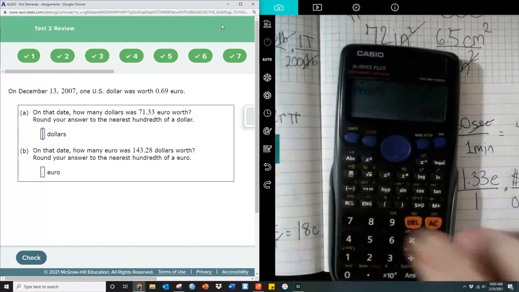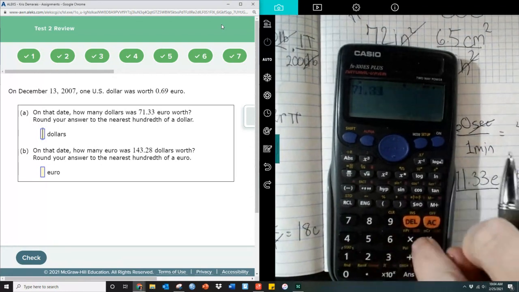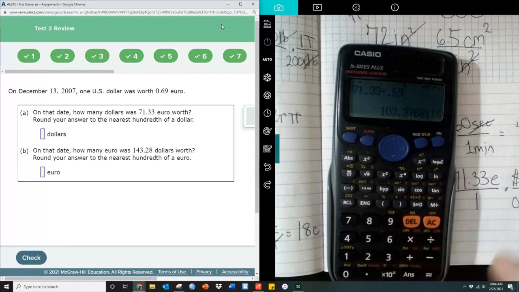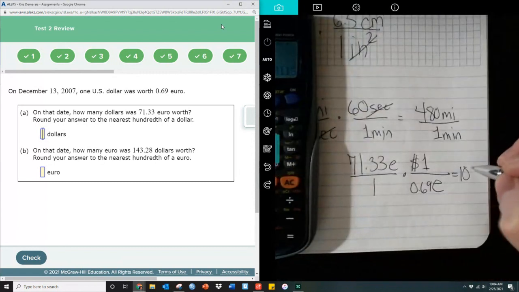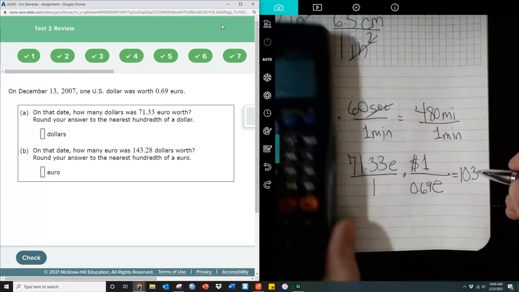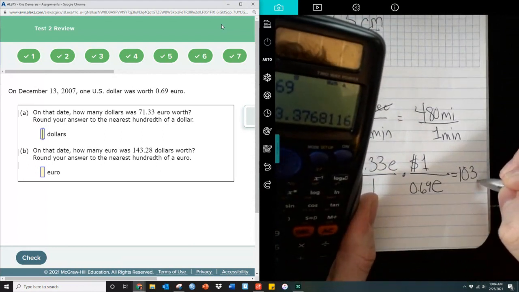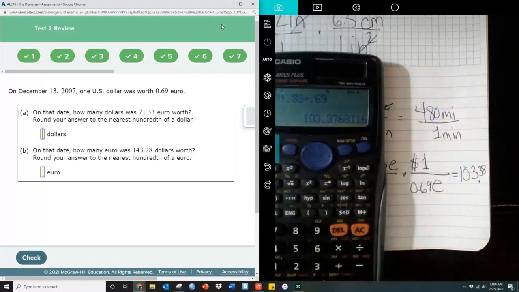So all I got to do is divide 71.33 by 0.69. And then we get our answer of 103 point, and they want it in cents, so it's going to be 38 cents.